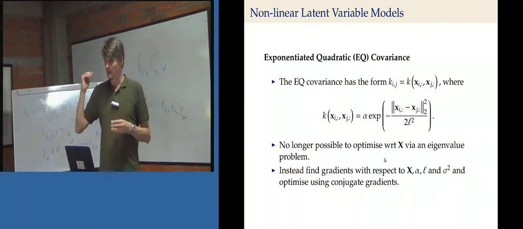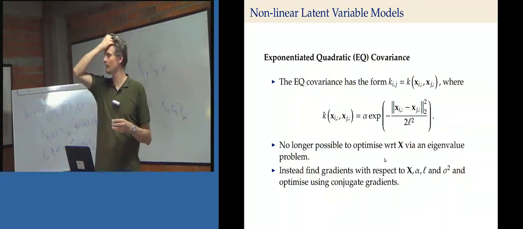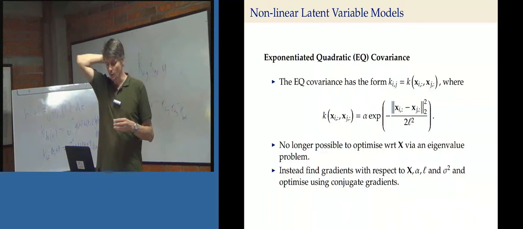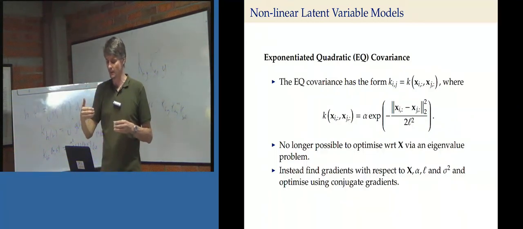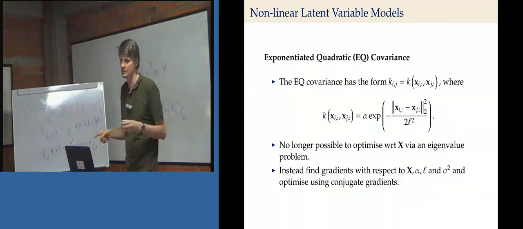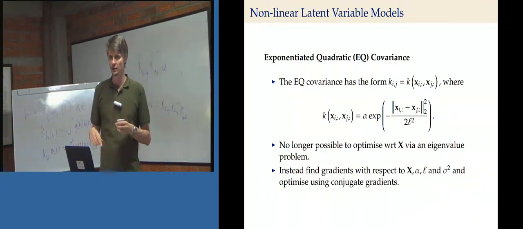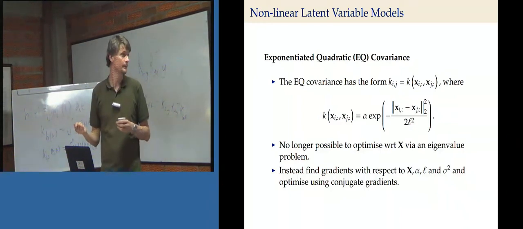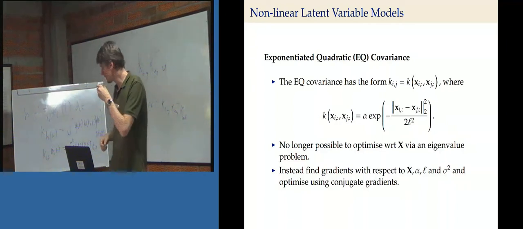In probabilistic PCA, we just looked for x by solving an eigenvalue problem, and that was the maximum likelihood solution. Instead, we now need to find gradients of the covariance function with respect to x, alpha, L, and sigma squared.